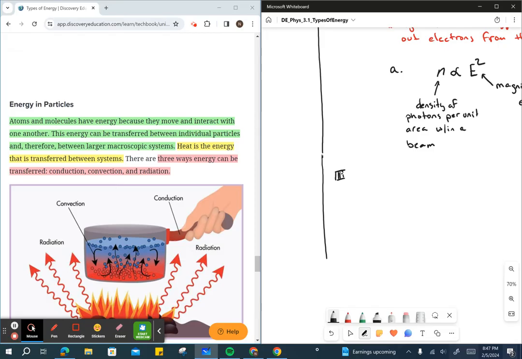Okay, 1, 2, 3. We're just about finished here. Energy in particles.